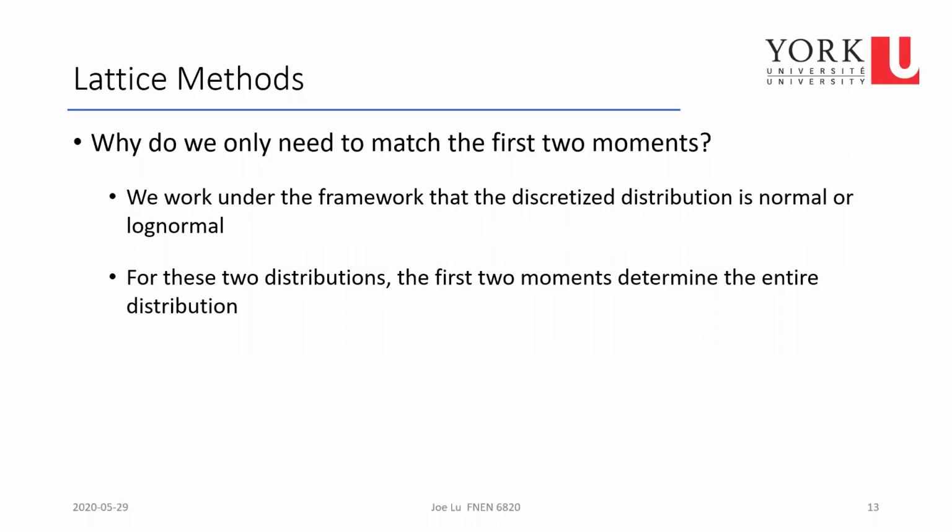So in those cases you only need the first 2 moments to determine the entire distribution. If you recall from statistics, for a normal distribution, the entire distribution is specified by the first 2 moments. That's why as soon as you know the first 2 moments, you really know the entire distribution itself.